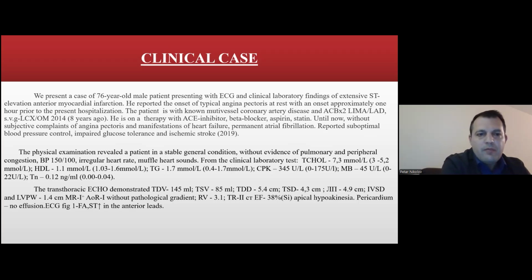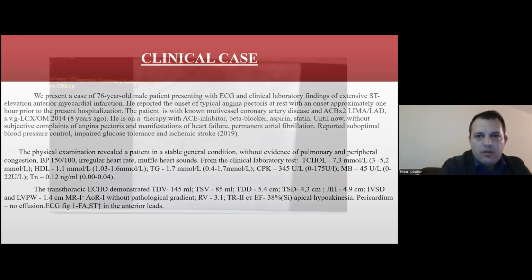The left atrium was also enlarged, and the ejection fraction was reduced, less than 40, approximately 35 to 40, with apical hypo- to akinesia. There are moderate insufficiencies in the mitral valve and also in the aortic valve.